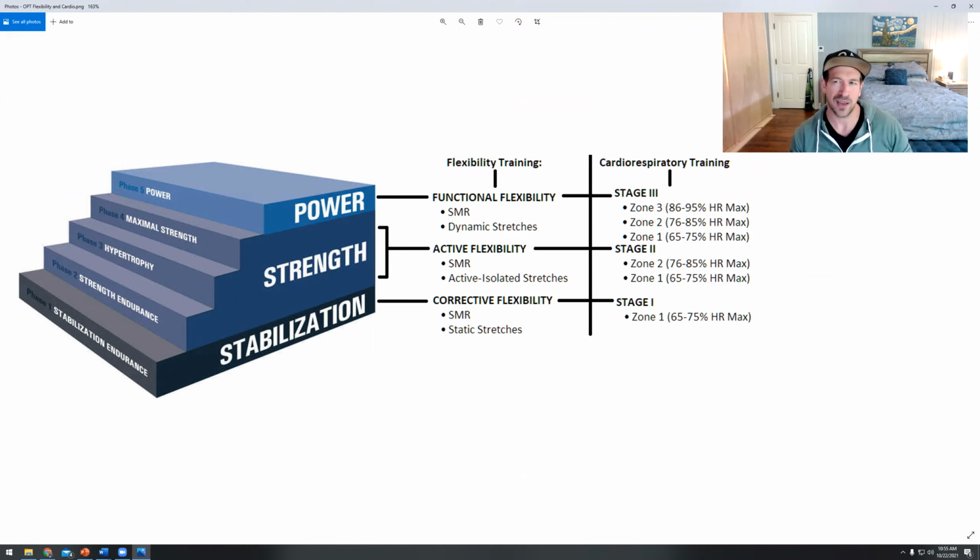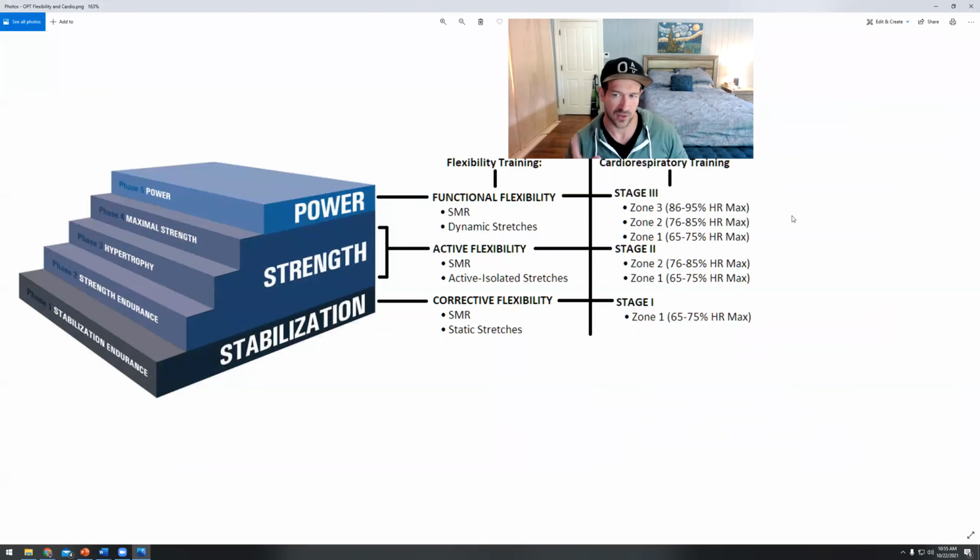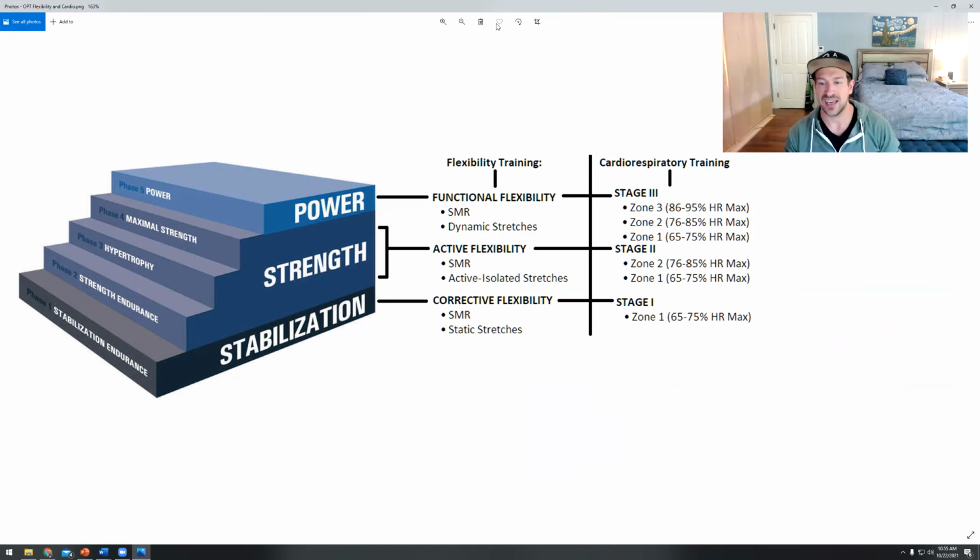You will notice, by the way, this is kind of a weird thing, and it's one of the ways you can tell NASM is distinguishing between stages and zones. The stages are always written with Roman numerals: stage I, stage II, and stage III. Versus the zones, which use the classic Arabic numerals: 1, 1, 2, 1, 2, 3.